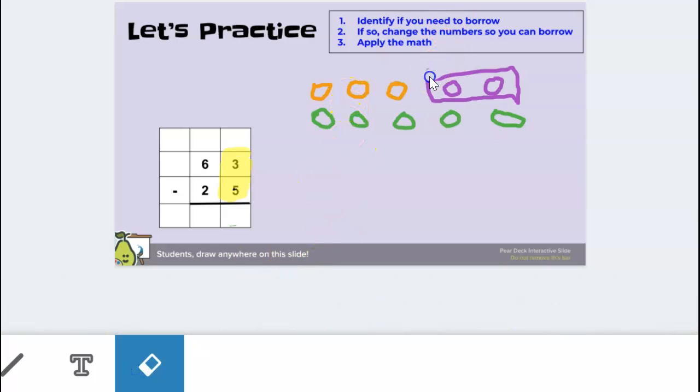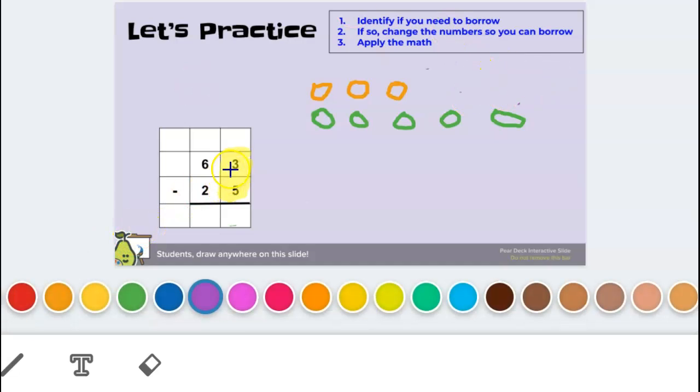I'm going to erase this so we remember what they have and what we have. So now we know that they need to borrow. So we're going to cross this number out because we're going to borrow from our next door neighbor. Or they're going to. So when they borrow from their neighbor, they cross out the 6 and they take 1 away. So this becomes a 5.